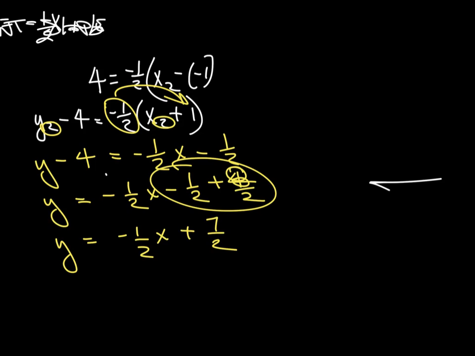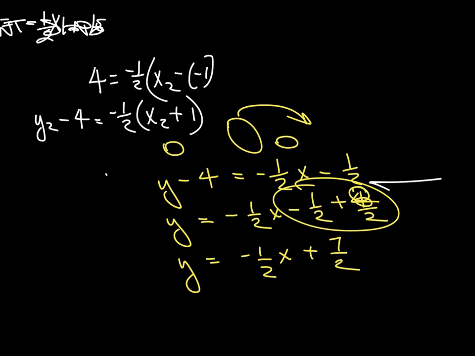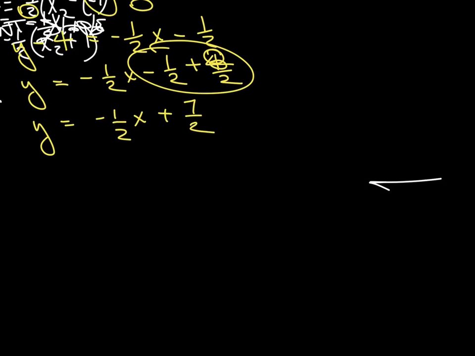Okay, so now I have it in slope-intercept form, y equals mx plus b. And we've got it in that form. Now we have a couple options here. We can get rid of the fractions by multiplying the entire thing by 2, if you want to do that, or you can leave it the way it is right there. And let's move up here.